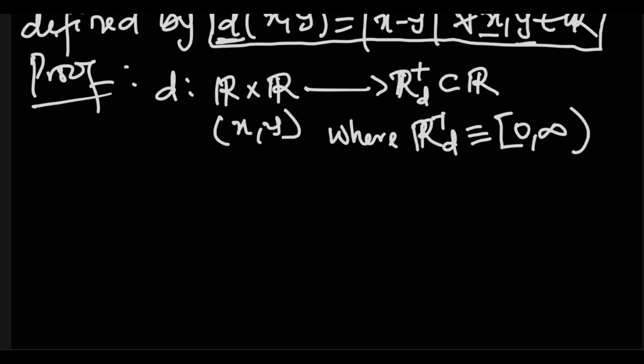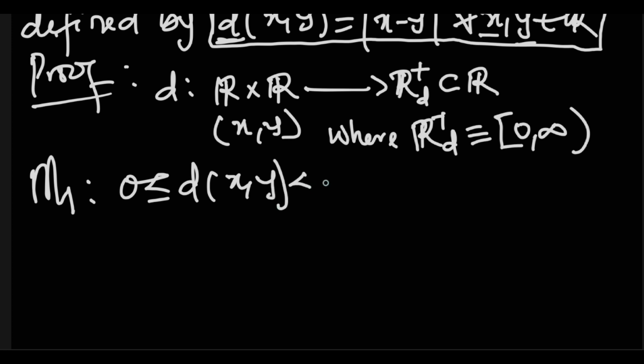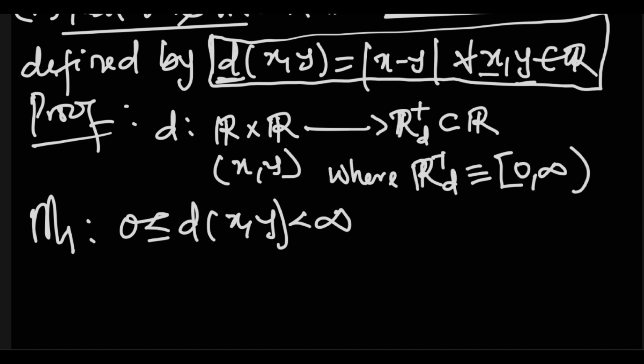All right, so we have to prove the 4 axioms. The first one says 0 is less than or equal to d(x,y), which is less than infinity. Remember that x and y are in the reals, so you have to work with the definition, the absolute value of x minus y.